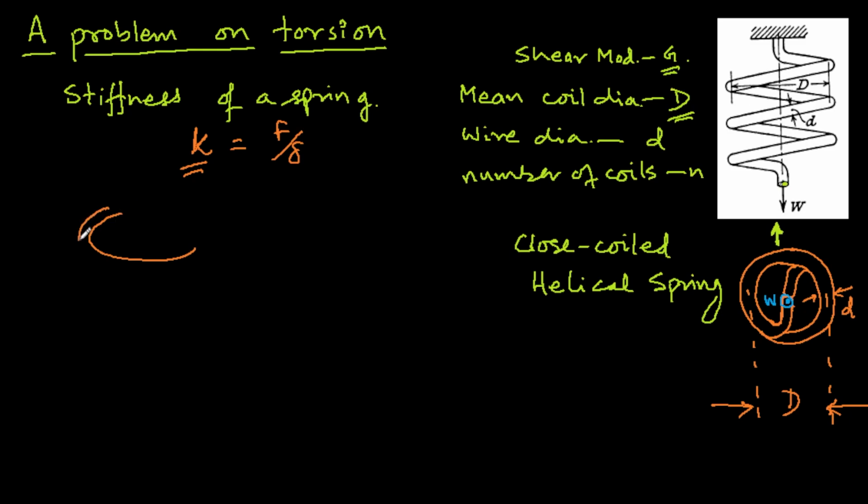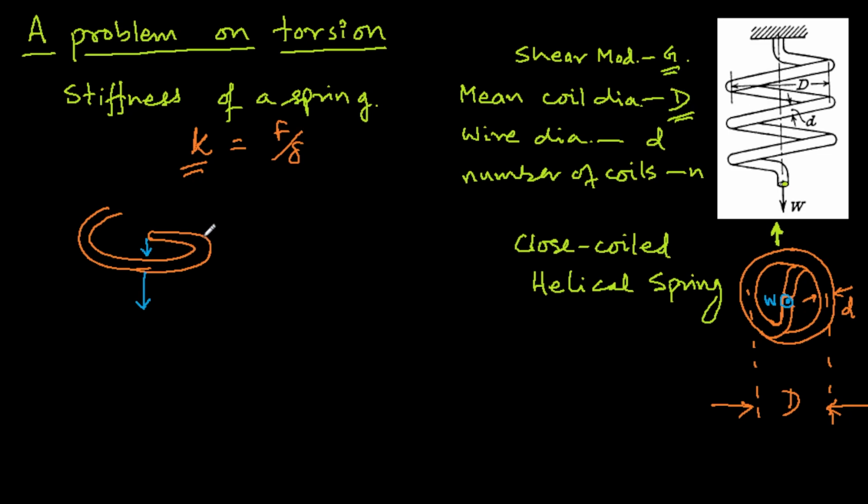So this is the full wire, and then it has been bent like that. This point, and the weight is applied, or the force is applied in this direction, right?